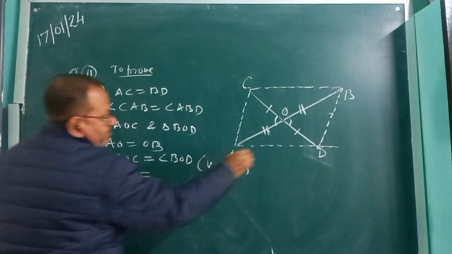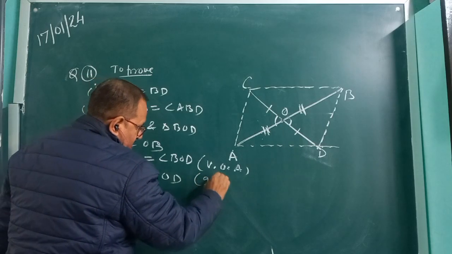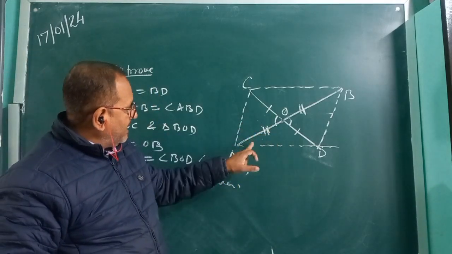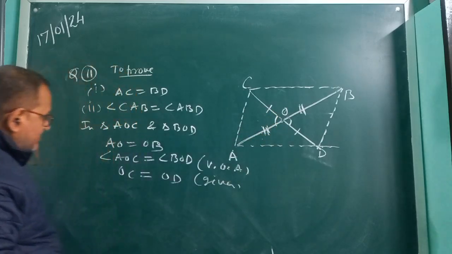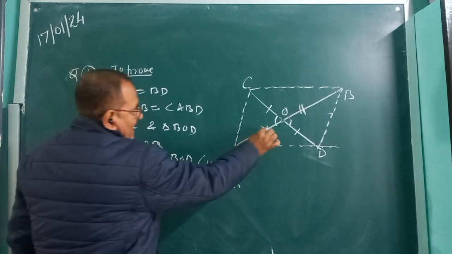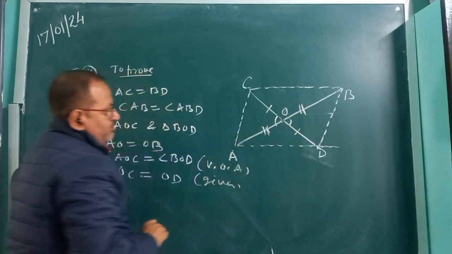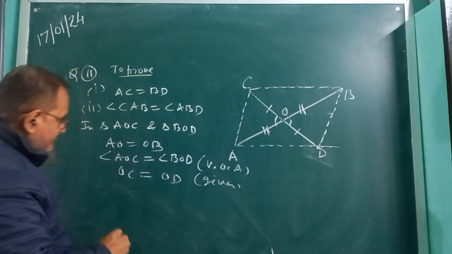OC is equal to OD. It is given. Because CD and AB both bisect each other, so OC and OD are equal. So we see that here side, angle, side. By side angle side, both the triangles are congruent.